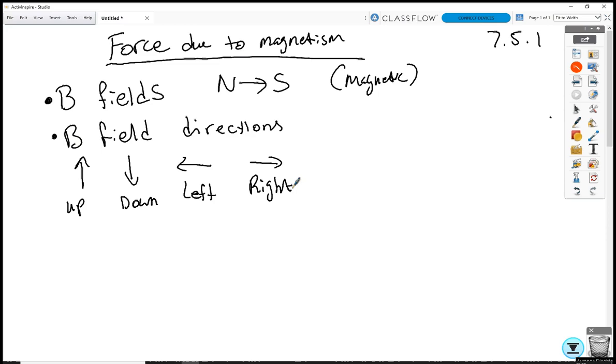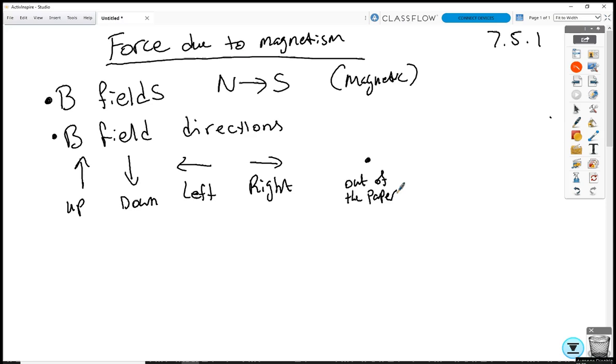Coming out of the paper is like an arrow coming towards you. So if an arrow is flying towards your face, you're going to see the point of the arrow. So out of the paper are points. Sometimes we can call this out of the plane of the paper.